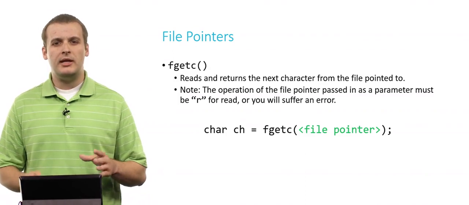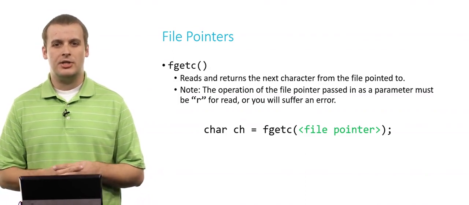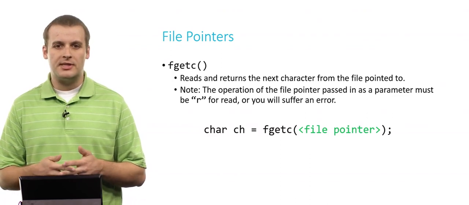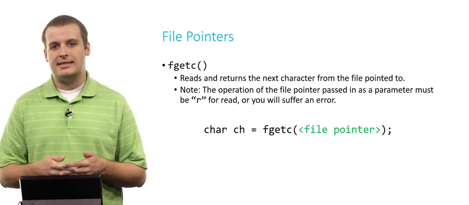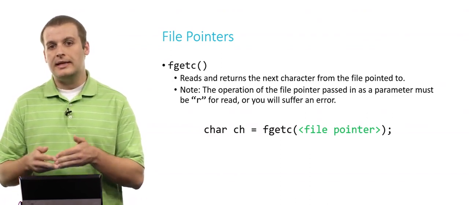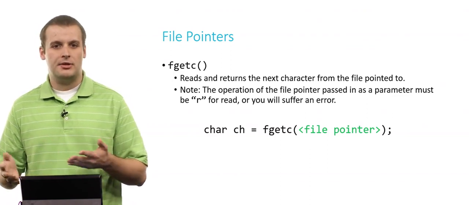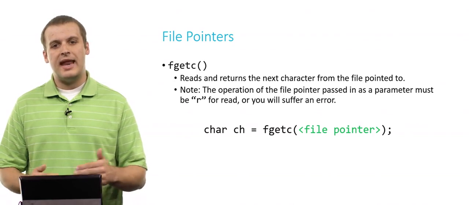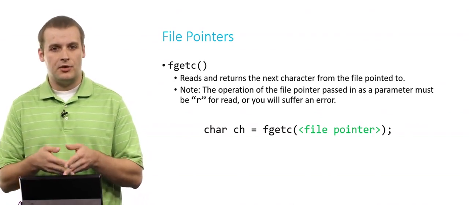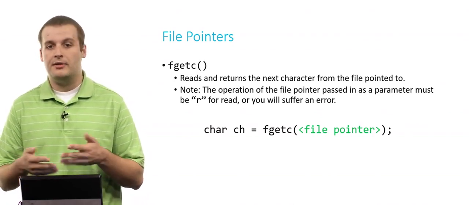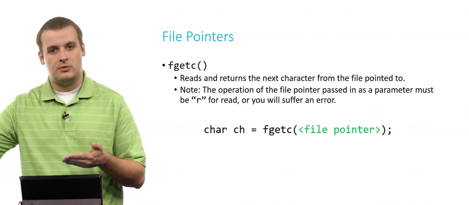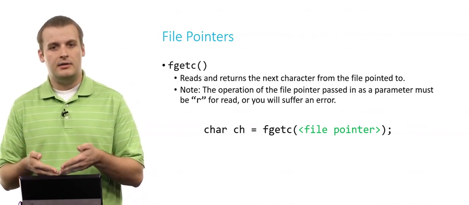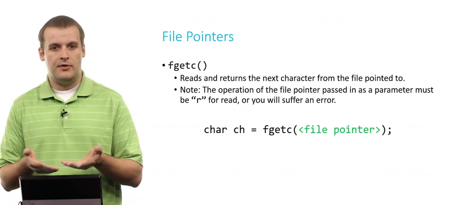All right, so that's opening and closing. Those are the two basic starting operations. Now we want to actually do some interesting stuff, and the first function that we'll see that will do that is fgetc. File get a character. Its goal in life is to read the next character, or if this is your very first call to fgetc for a particular file, the first character, but then after that you would get the very next character of that file, and store it in a character variable, as we've done here.